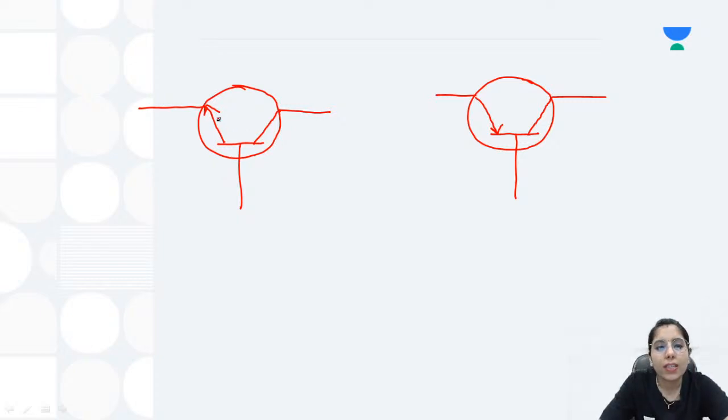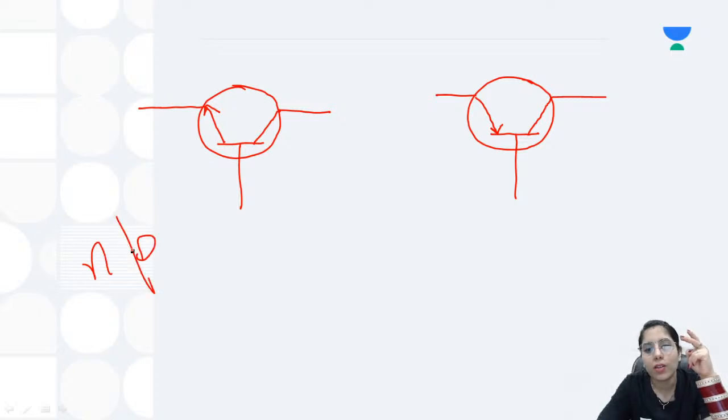You can see the arrow outward, the arrow inward. So in this case, what do you want to send away, what you want to throw away, and what you want to keep in or around your surroundings? There are two things, N and P, you are dealing with in the transistor.